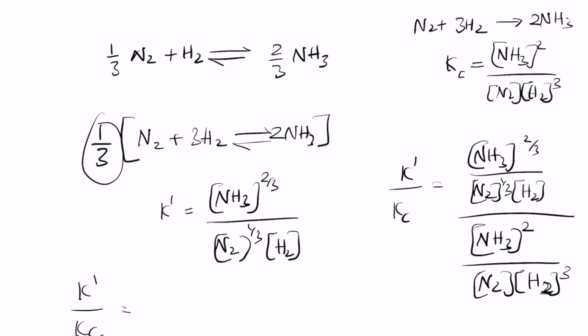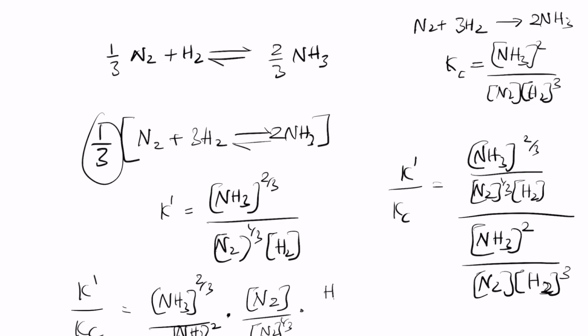So NH3 to the power 2 by 3 by NH3 square times, when you take the reciprocal, these two go upwards, which means N2 over N2 to the power 1 by 3, and H2 cube by H2.